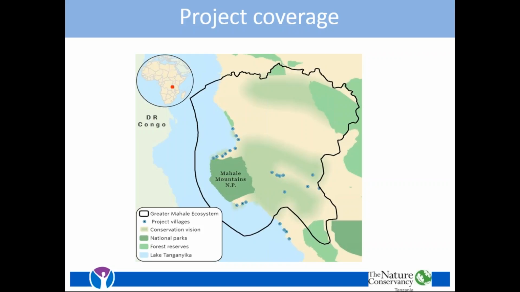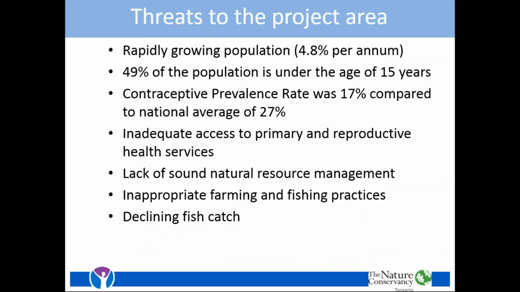One critical fact about the project area is that it's very remote, and many of the villages are accessible only by boats. And sadly, government services in the project area are minimal. So with that as the context, I'd now like to hand off to my Tuungane colleagues at Pathfinder International.